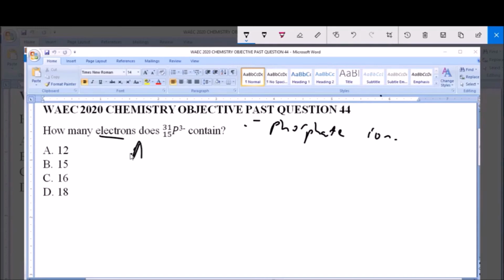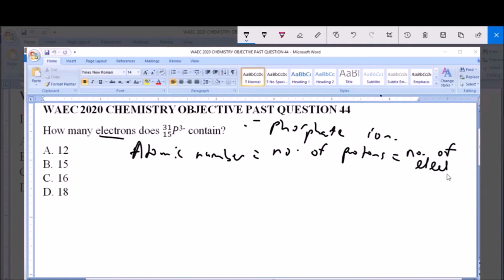Now atomic number is equal to the number of protons, and for a neutral atom the number of protons is also equal to the number of electrons. So for an atom of phosphorus, it contains 15 electrons.